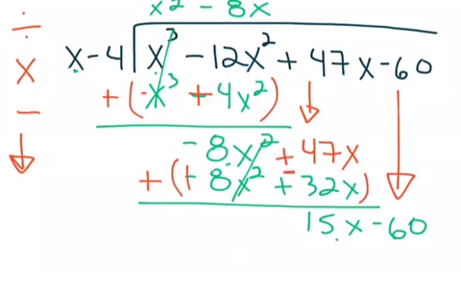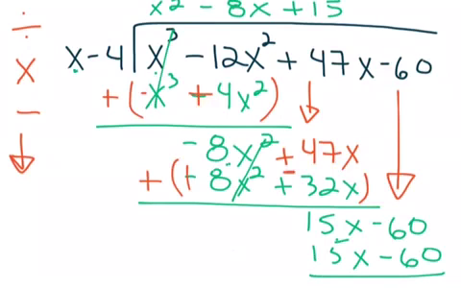So 15x divided by x gives me 15. And when I multiply, I get 15x. And then 15 times negative 4 would give me negative 60. When I subtract, I would get 0, so this would be my final answer. x squared minus 8x plus 15.